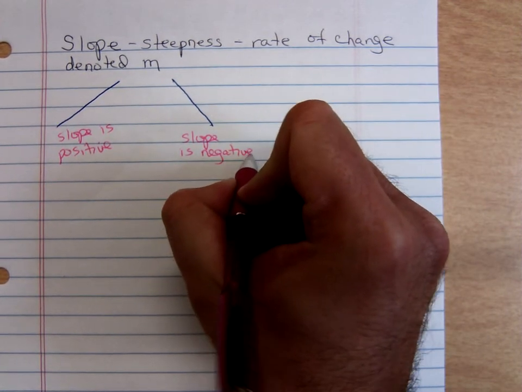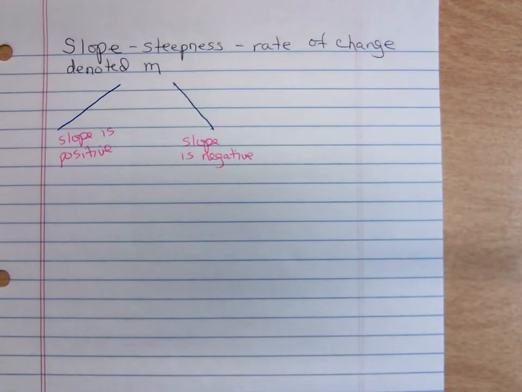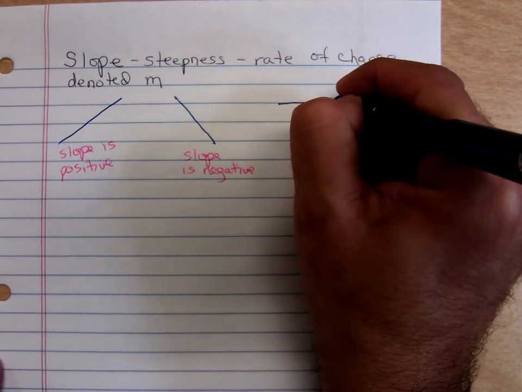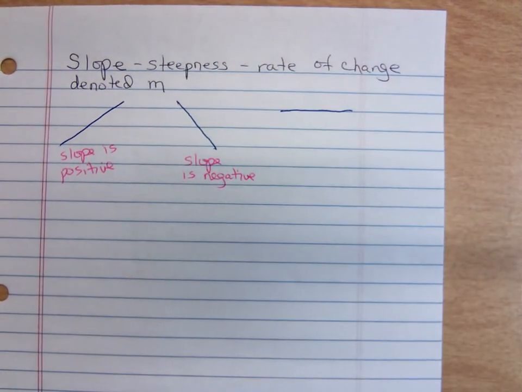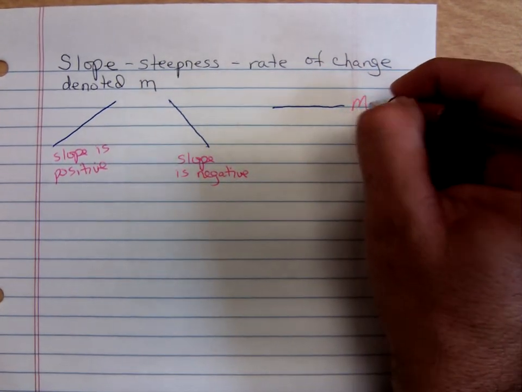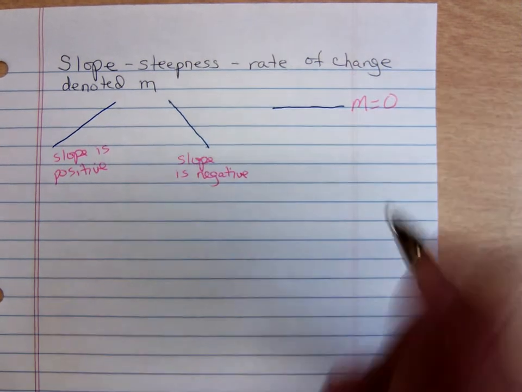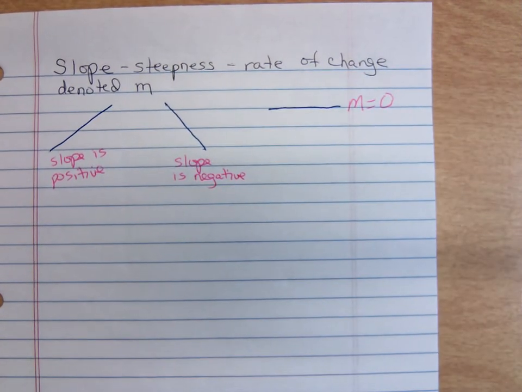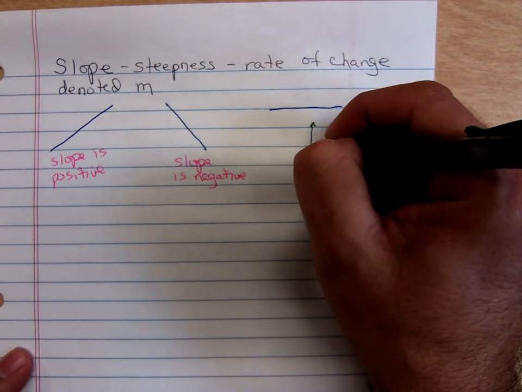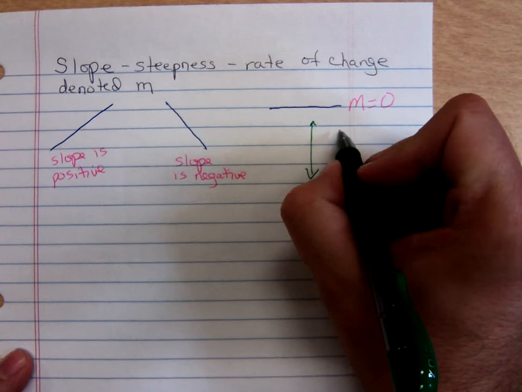Now, what about the two special cases? If you have a horizontal line, then it's flat. There's no steepness at all. Its slope is 0. A vertical line has a slope that's undefined.